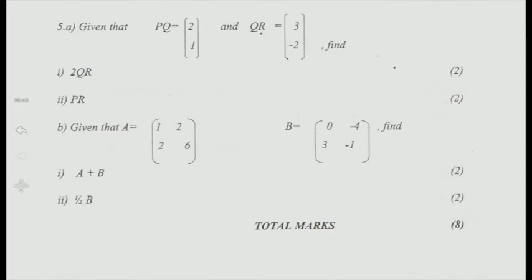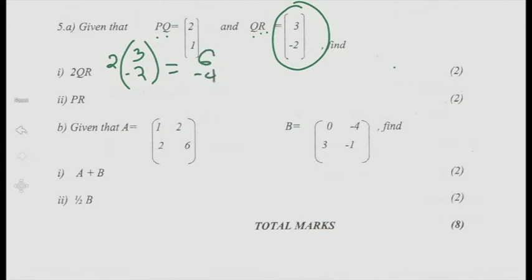So QR is this vector. So it's going to be 2 times (3, -2). 2 times 3, we have 6. We have negative 4. So that is 2QR.